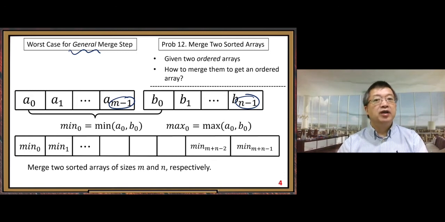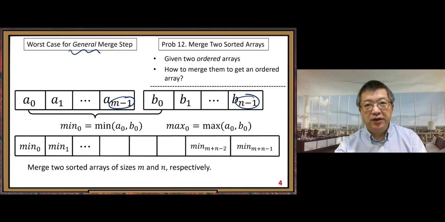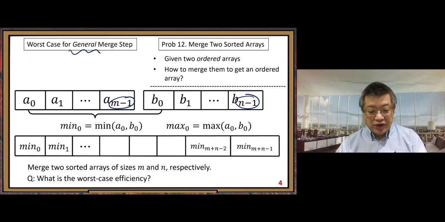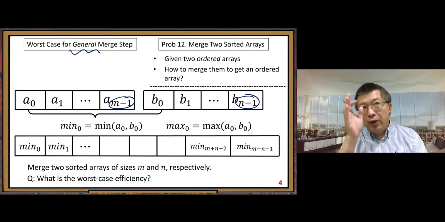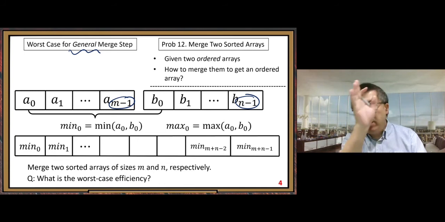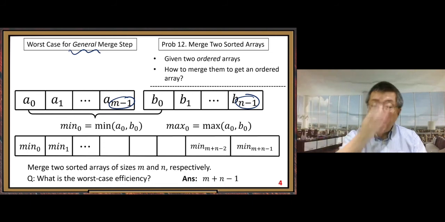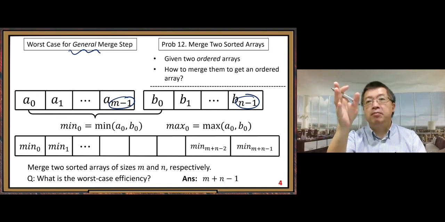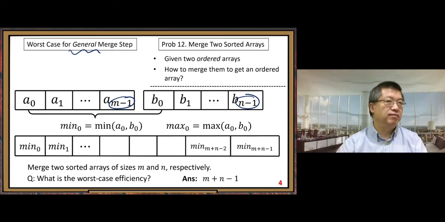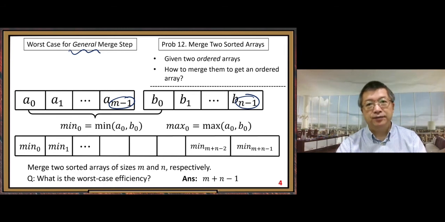So for the worst case, we use the total number of elements minus the last one. That is m plus n minus 1. Similar analysis. All right.